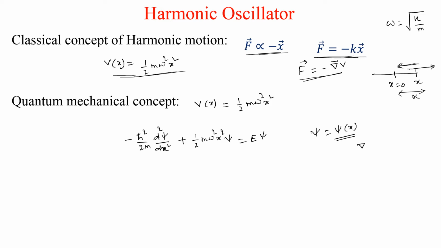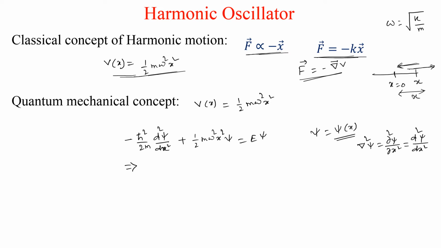That is why the grad square psi becomes del square by del x square, and as psi is only a function of x, del square psi del x square equals d2 psi dx square, as we have discussed earlier.